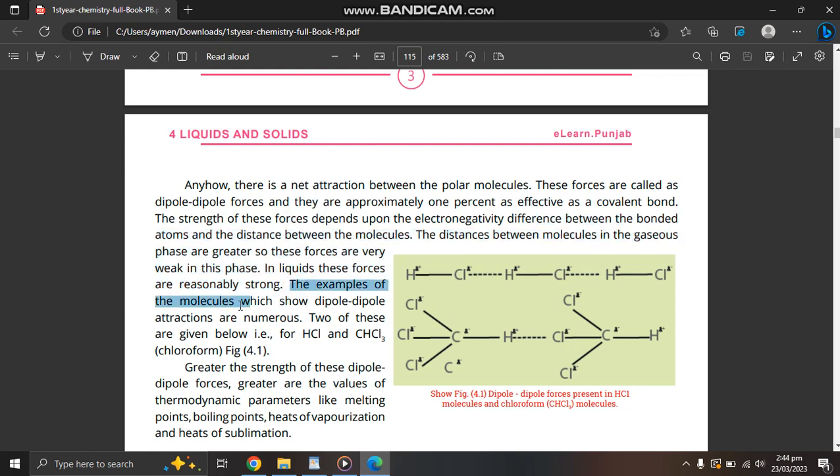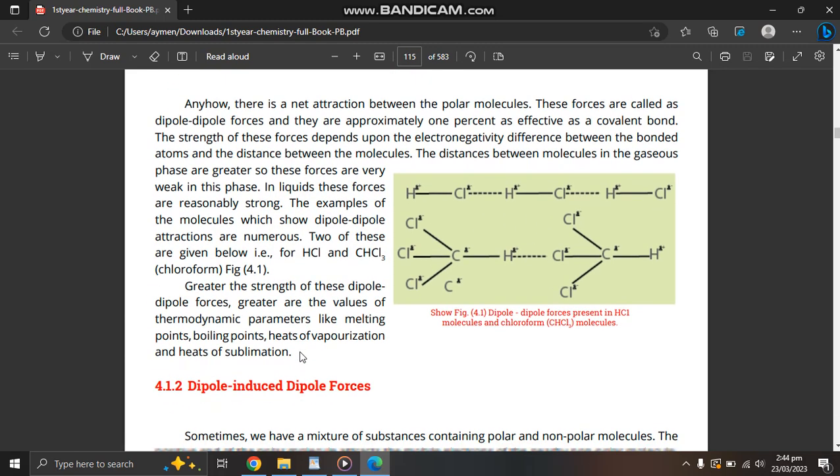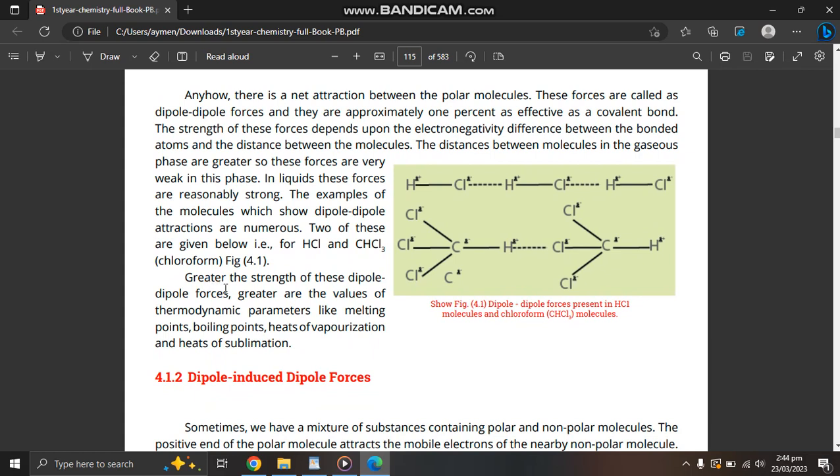Examples of molecules which show dipole-dipole forces are numerous. Two of these are given below, HCl and CHCl3 chloroform, in this figure. The greater the strength of the dipole-dipole forces, the greater will be the values of thermodynamic parameters like melting points, boiling points, heat of vaporization, and heat of sublimation.